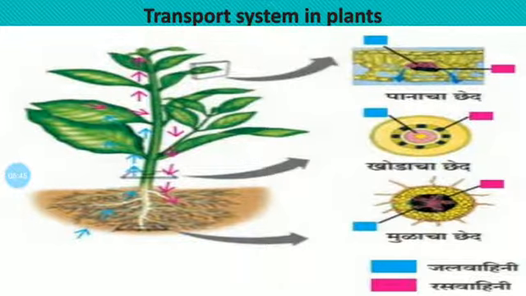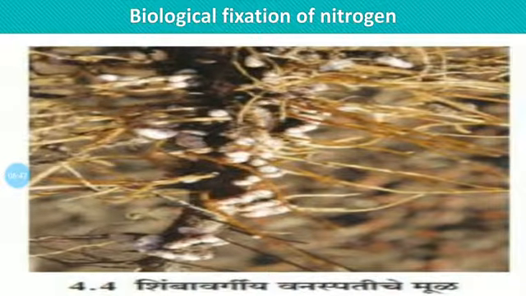Next topic, plants produce carbohydrates by the process of photosynthesis. Carbohydrates are made from carbon, hydrogen and oxygen. Proteins are made from carbon, hydrogen, oxygen and nitrogen. How do plants obtain the nitrogen necessary for the synthesis of proteins?